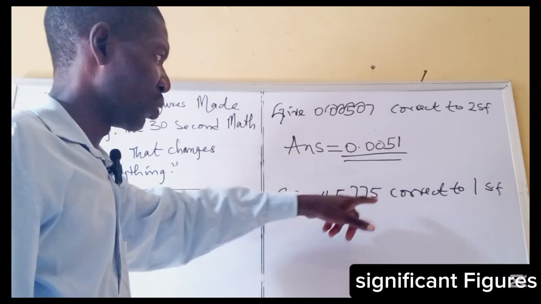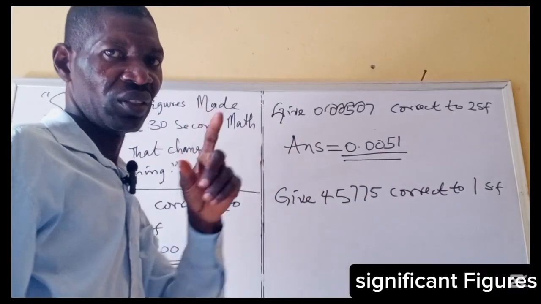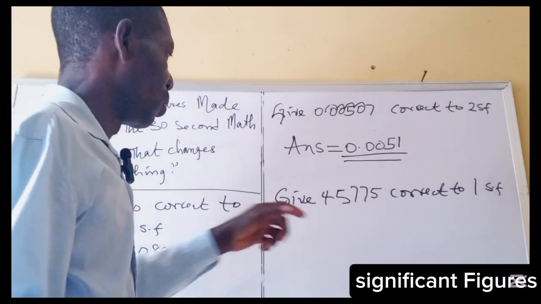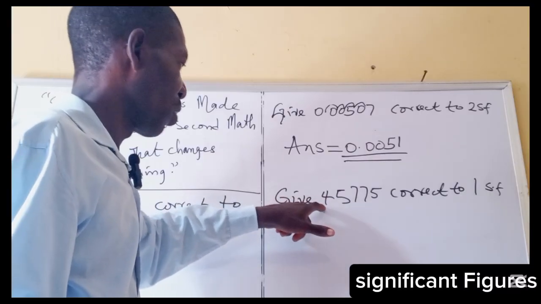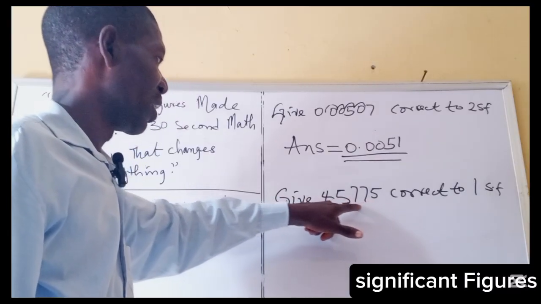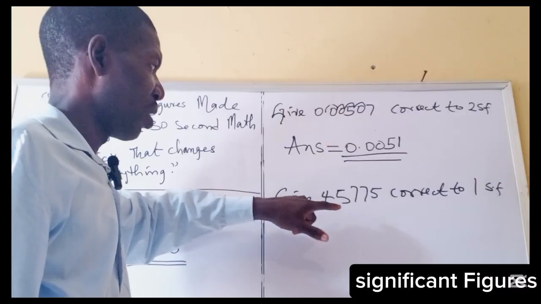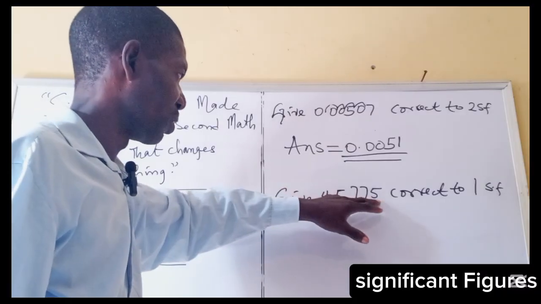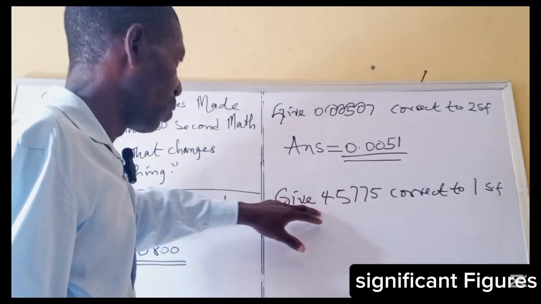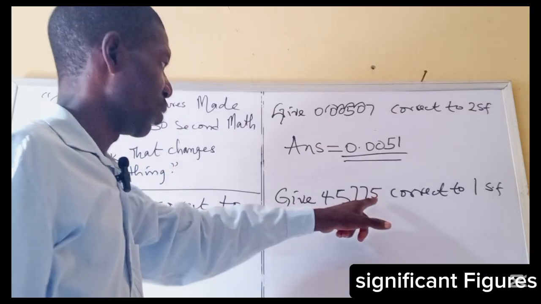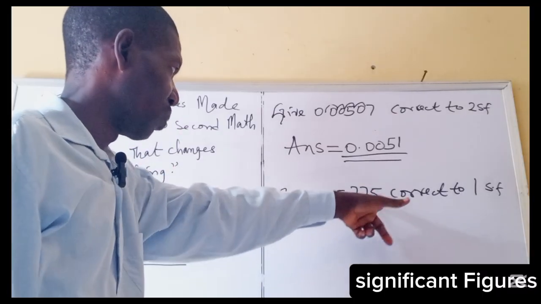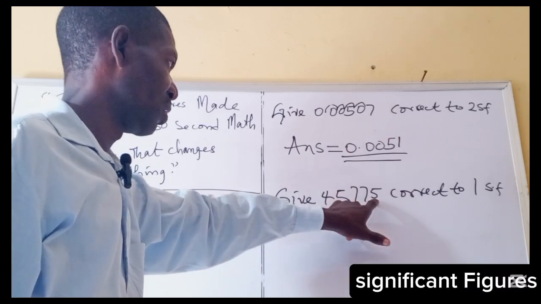We are now told to correct to 1 significant figure. For us to do this, you have to consider or note the position. Always take note of the position. From the right hand side, which is 5, this first column is unit.